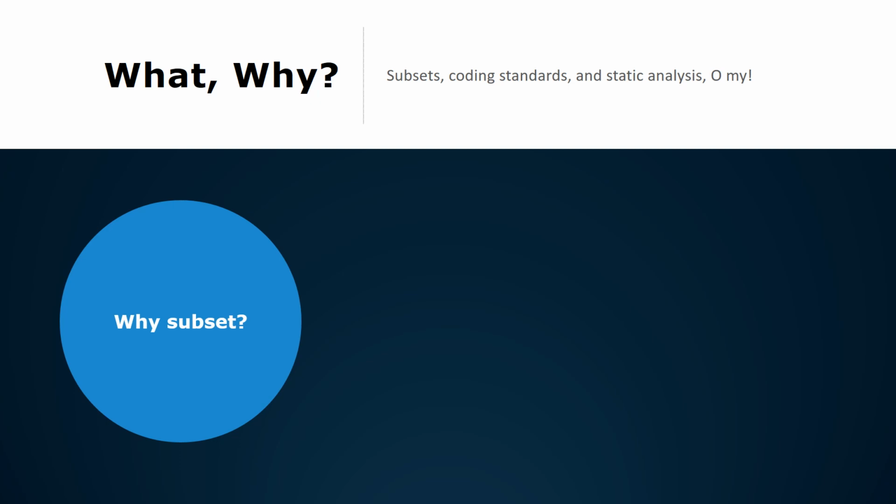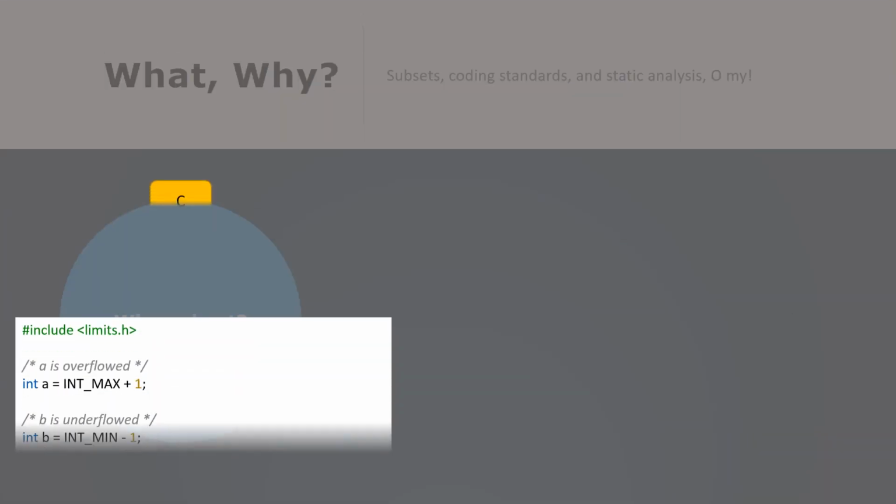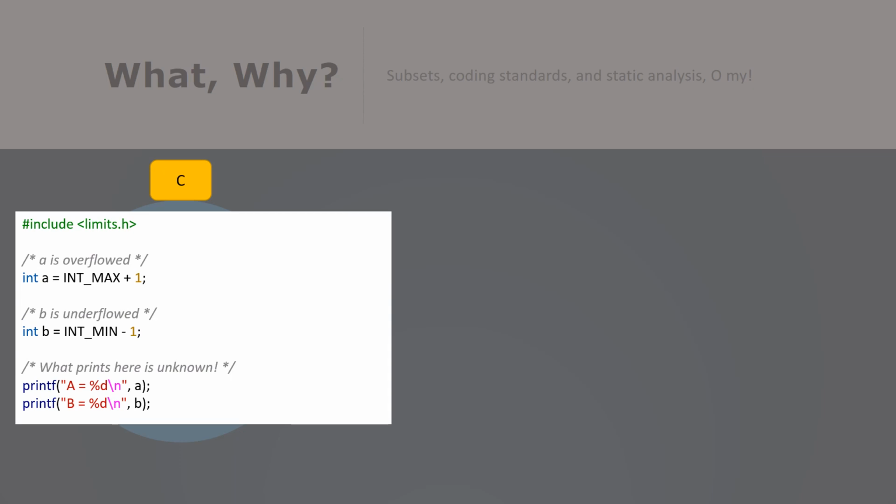With most languages, and specifically the ones we will go into detail about later, C and Ada, the language subsets have been defined for us by language experts. A benefit of doing this that we haven't discussed yet is that subsetting allows static analysis tools to be more accurate. Let's look at an example to understand why. In the C programming language, what happens when you overflow an integer?